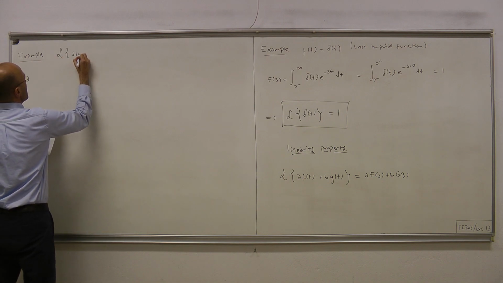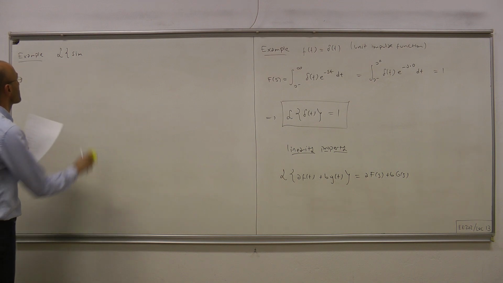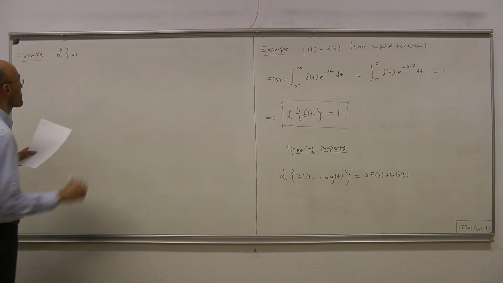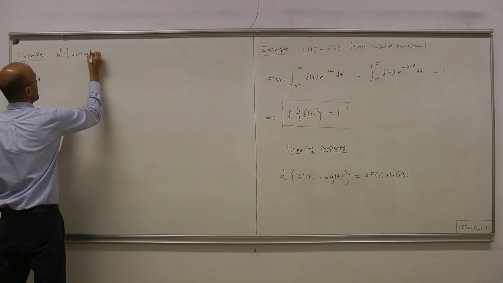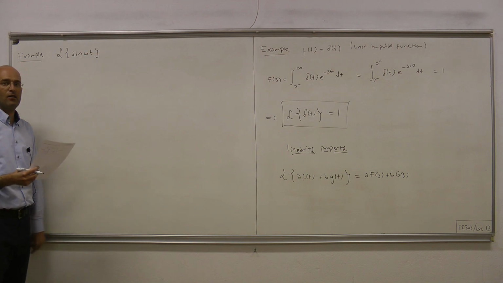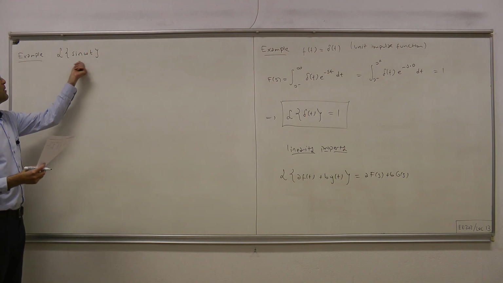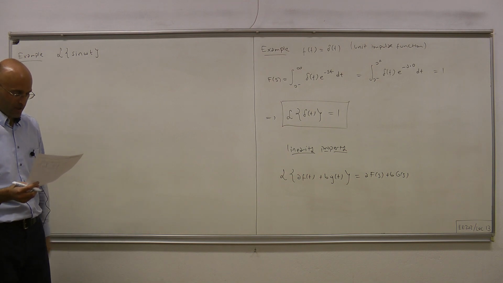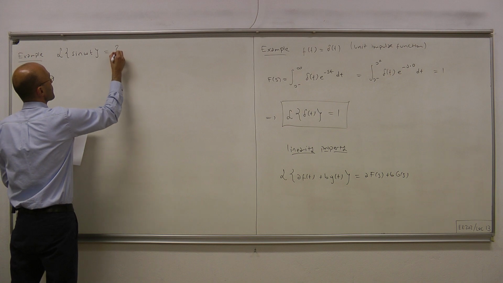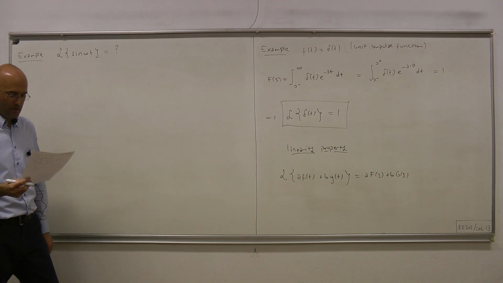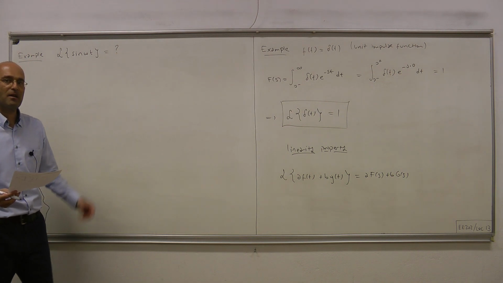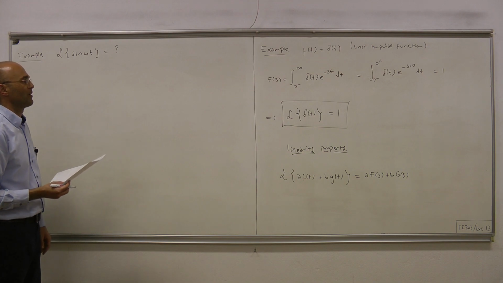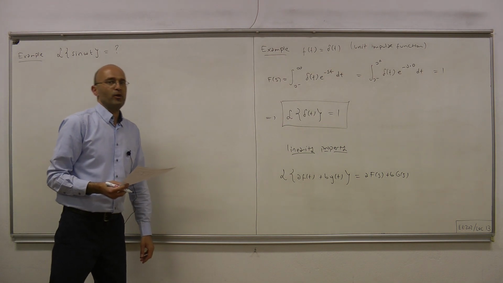In other words, let's try to figure out the Laplace transform of sine of omega t, a pure sinusoid oscillating at omega radians per second. Now we know that sinusoidal functions can be written as linear combinations of exponential functions.